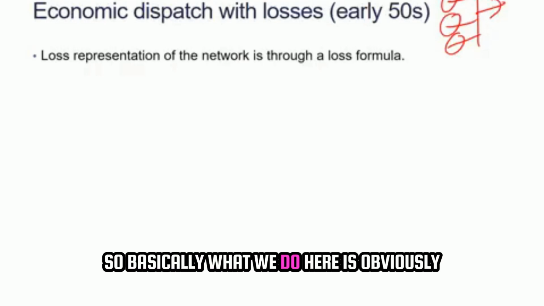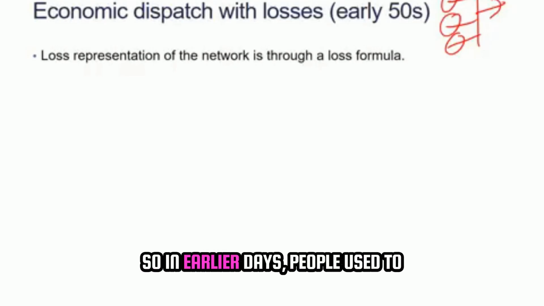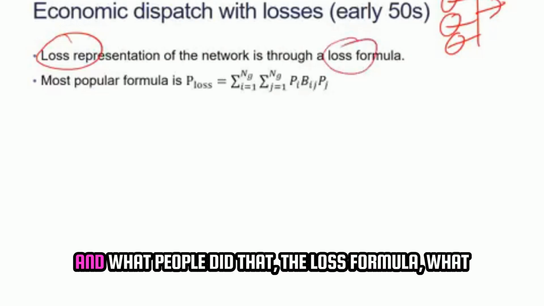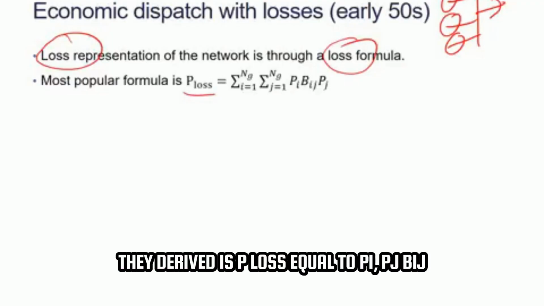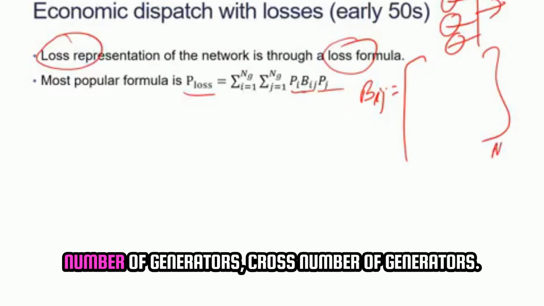So basically, there was no method to model the network. In earlier days, people used to add a representative loss as a loss formula. The loss formula they derived is P loss equal to Pi, Pj, Bij, where Bij is a matrix of size number of generators cross number of generators.